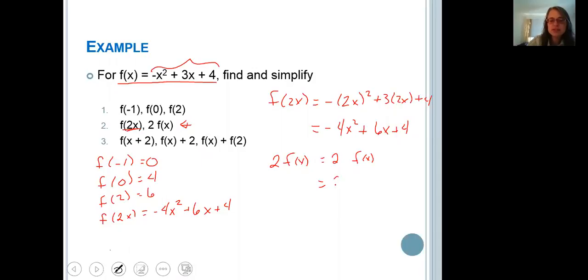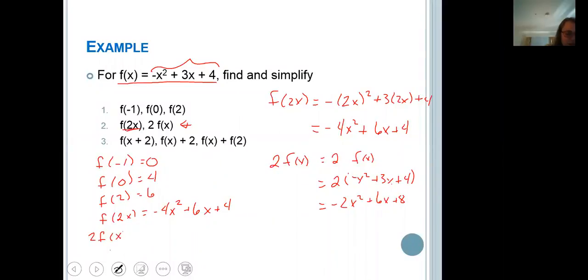So that's really just 2 times negative x squared plus 3x plus 4, or negative 2x squared plus 6x plus 8. Yeah? All right.